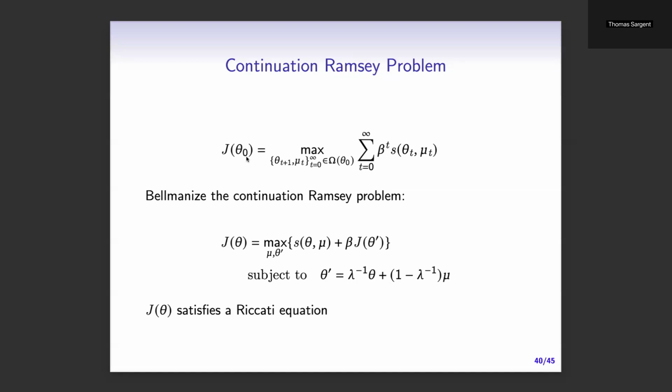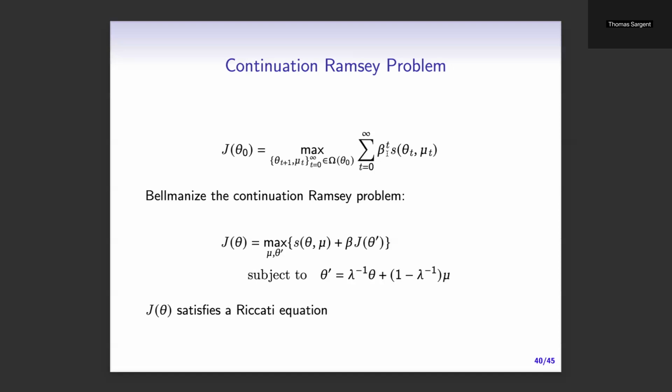Now he can deliver it in any way he wants. And remember, there's all sorts of money creation paths that will deliver that. And that was an insight that I got from reading Chang's paper. So among all those, the equivalence class of mu processes that will support theta zero, the continuation Ramsey planner stuck with theta zero wants the one that maximizes this criterion.